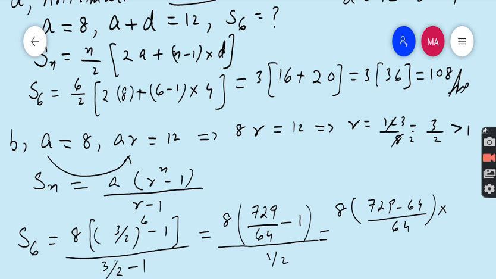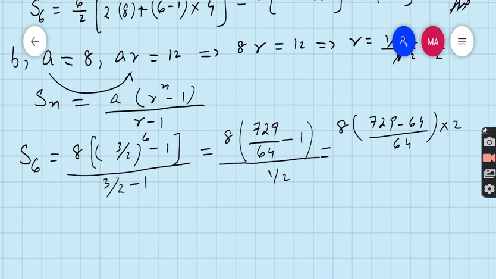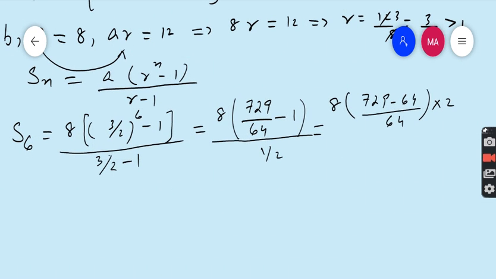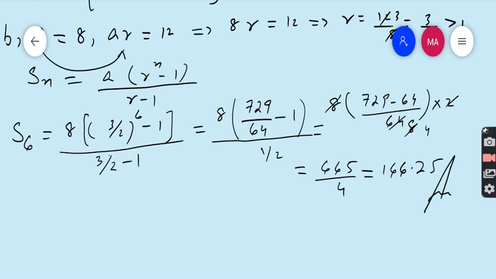Dividing by 1 upon 2 means we should multiply by 2. 8 into 8 is 64, and 2 4s are 8. 729 minus 64 is 665 upon 4, and 665 upon 4 is 166.25, and this is the answer of part B, the sum of the first 6 terms.